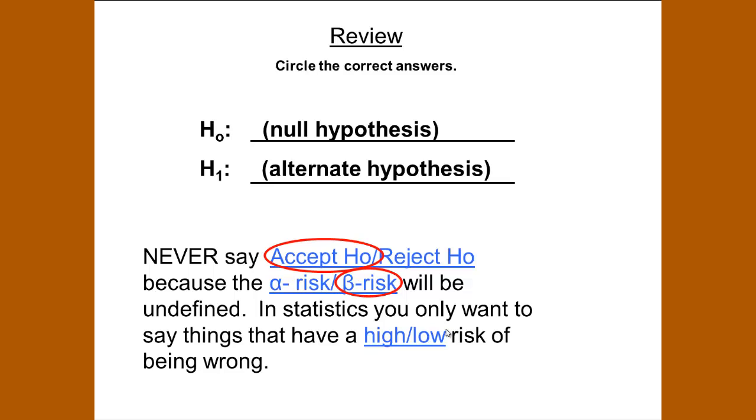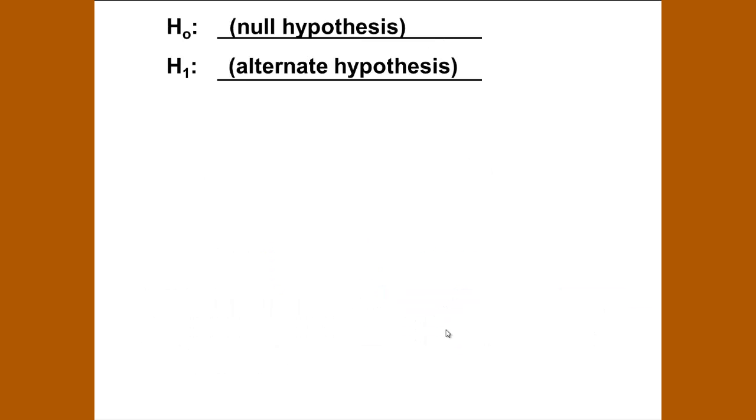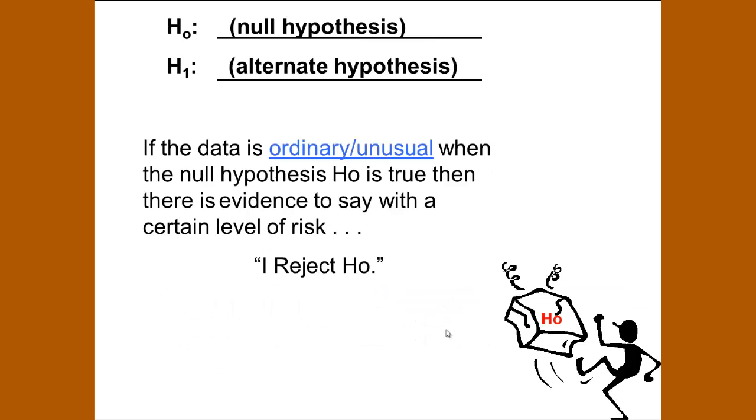In statistics, you only want to say things that have a low risk of being wrong. If the data is unusual when the null hypothesis is true, there is evidence to say with a certain level of risk, I reject H0.